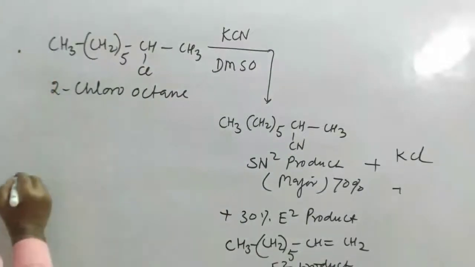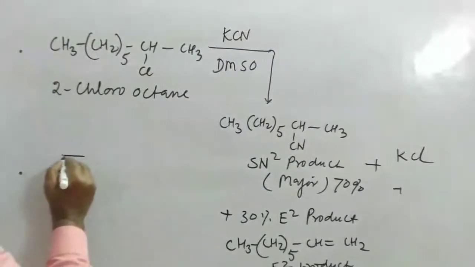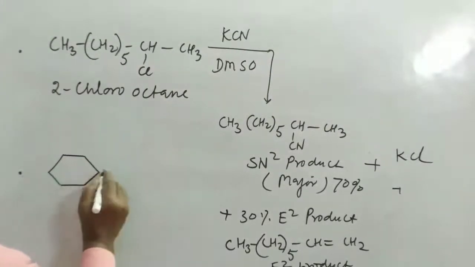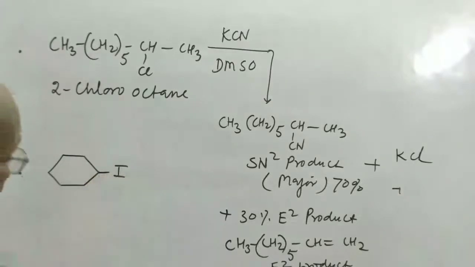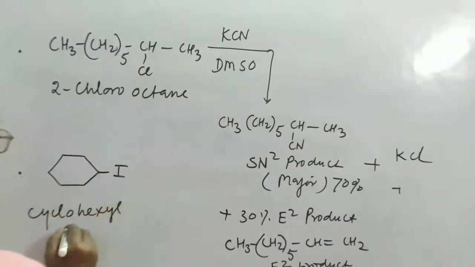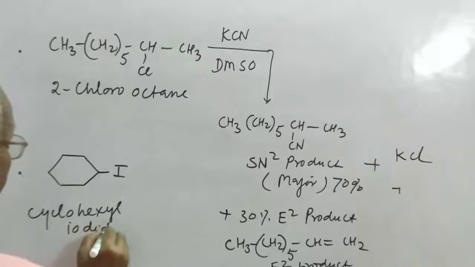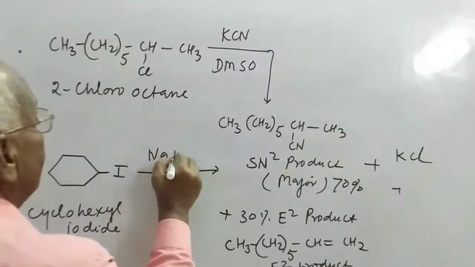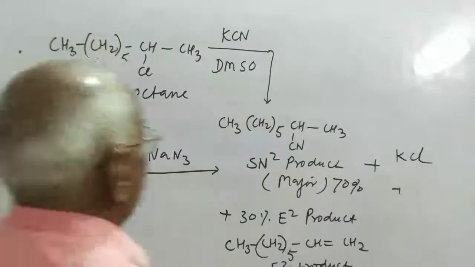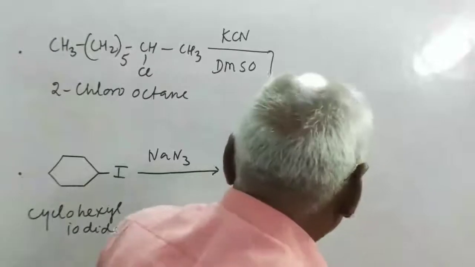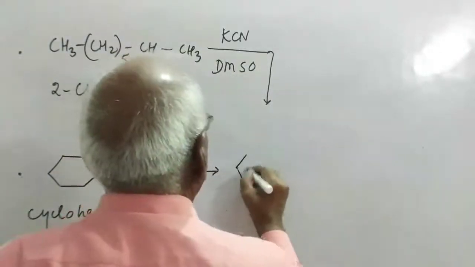Another example is iodine. This is cyclohexyl iodide, a derivative of cyclohexane. In presence of sodium azide, NaN3, it gives the SN2 product as the major product.